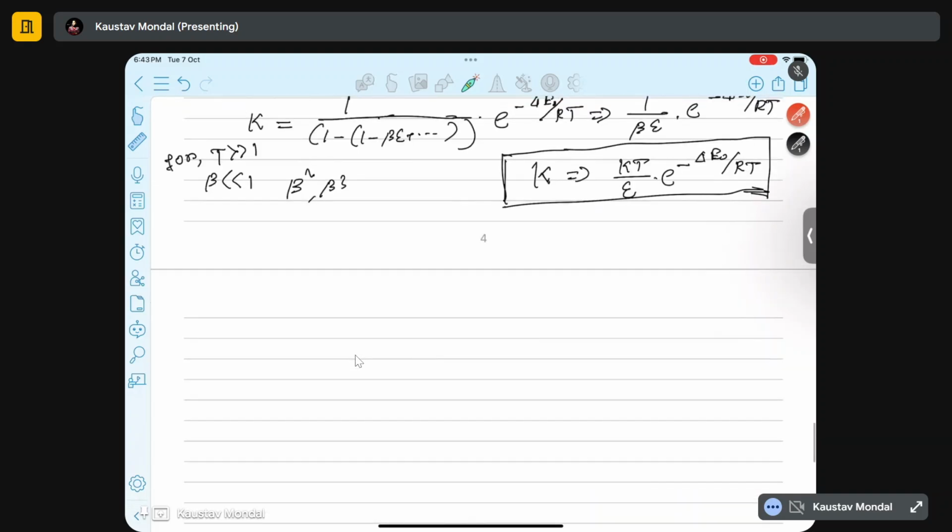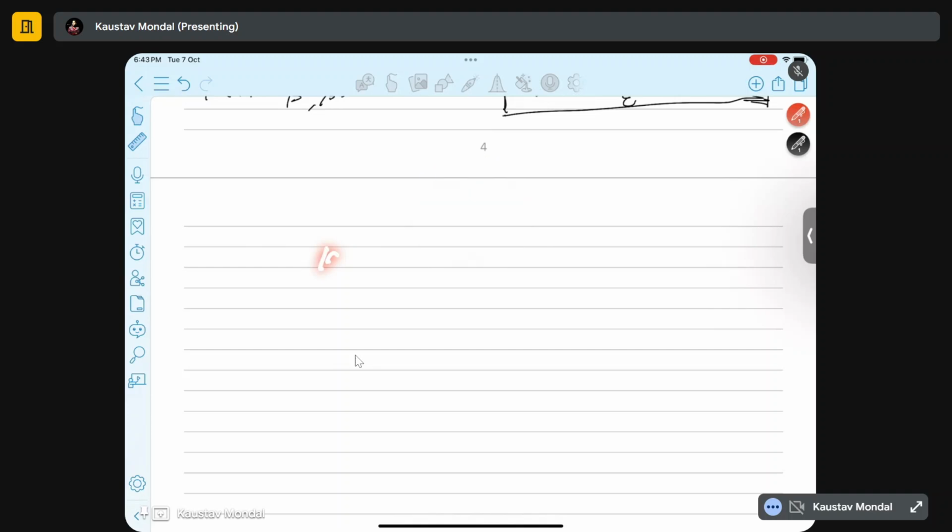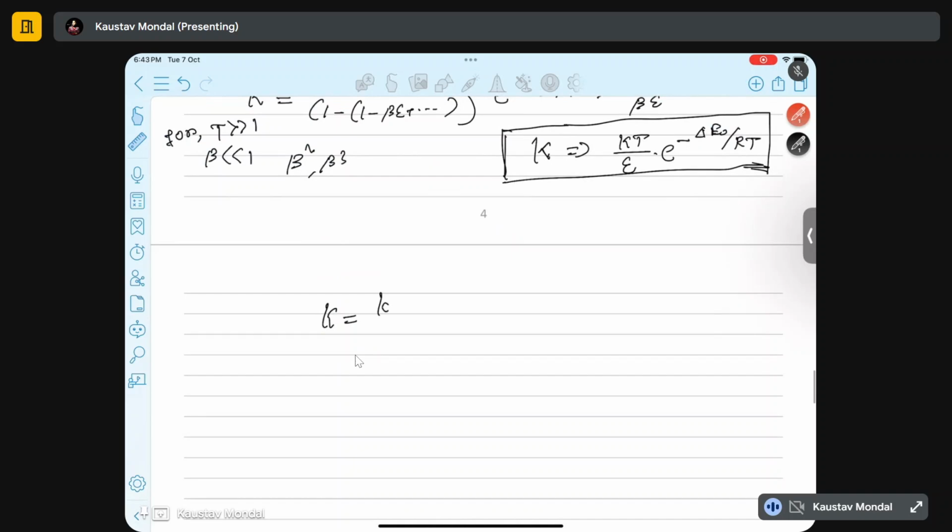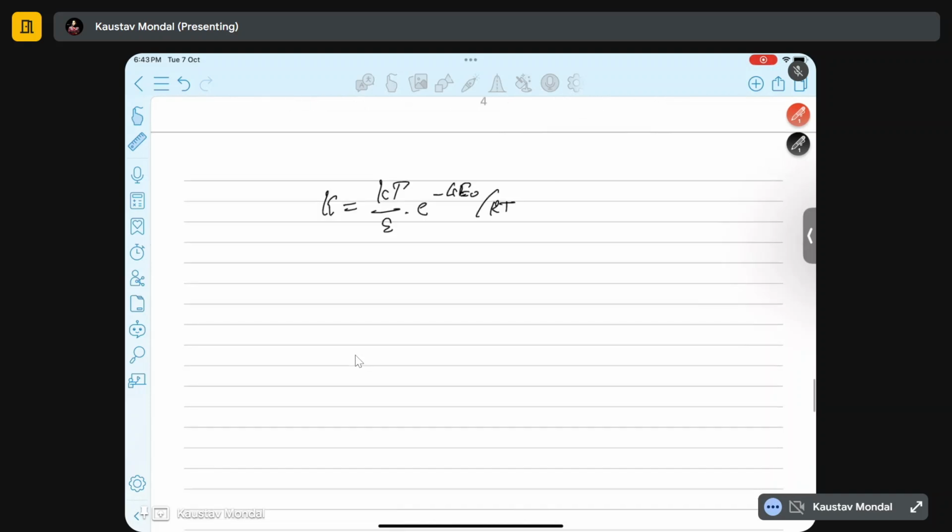So K equal to kT by epsilon into e to the power minus delta E0 by RT. So if delta E0 is positive and very high, that basically results in a very low value of K, right?